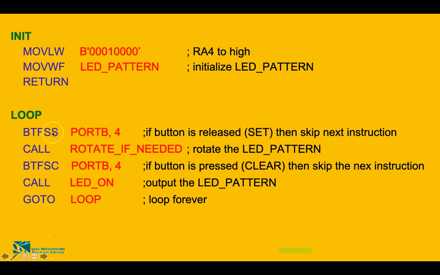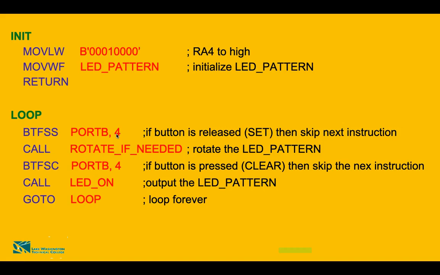So you're testing the bit at RB4, and what you see here is it is doing a bit test f skip if set. So if that bit is set, and you remember in the flowchart it was set when the button was released.